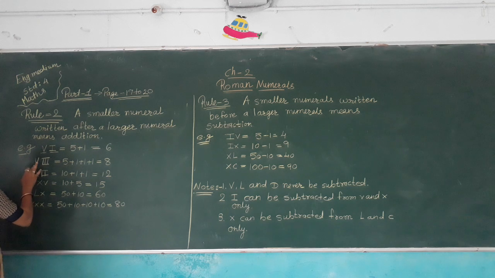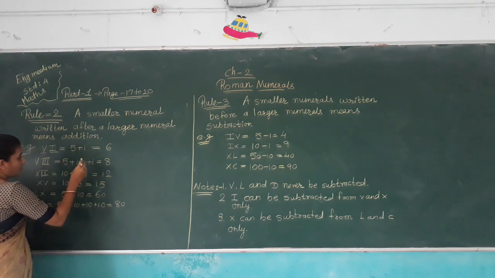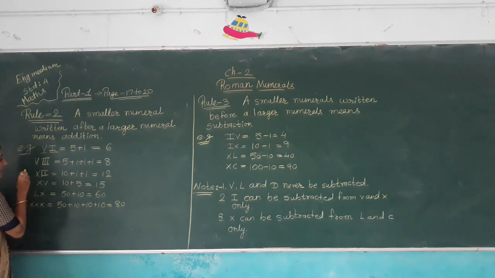Next one, VIII. V is larger and I is smaller, so 5 plus 1 plus 1 plus 1 is equal to 8. XII: X is a larger numeral and I is smaller.